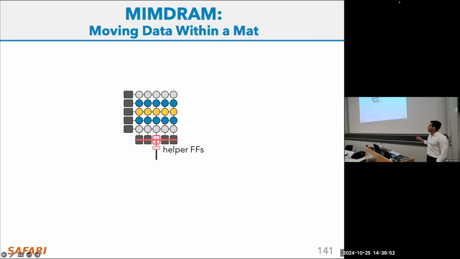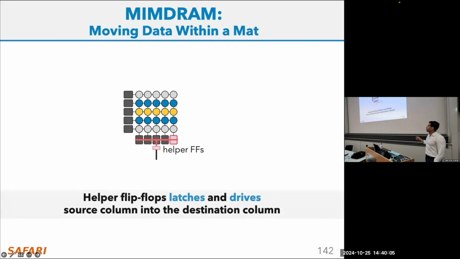Next, instead of erasing this data in the helper flip-flop when we move to another column, we are going to keep this data in the helper flip-flop and just change the column address to the destination column that you want to copy to. And this basically creates a path between the latched data in this helper flip-flop and the target local sense amplifier in the mat structure here.